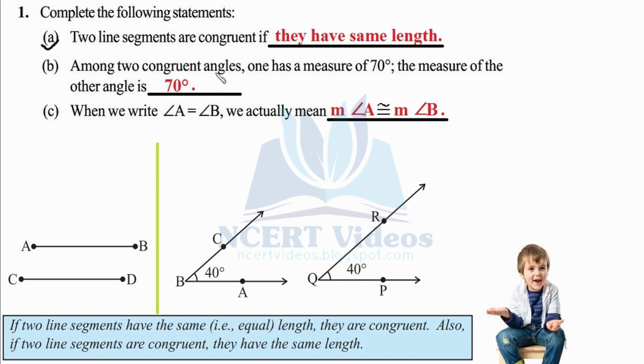B. Among two congruent angles, one has a measure of 70 degrees. The measure of the other angle is again 70 degrees. Congruent means having same shape and same size.